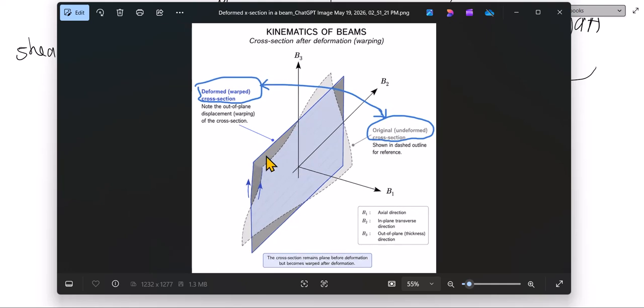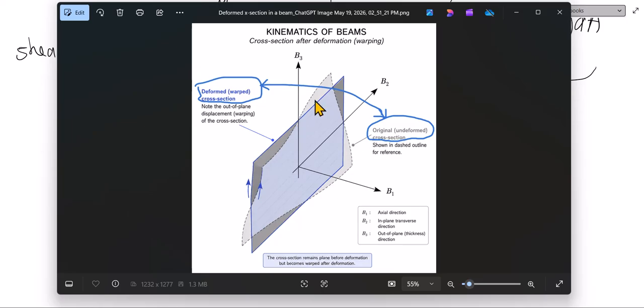So what we are saying here is that deform and undeform should be exchanged here. The gray rectangle is the cross section, and the dashed line shows a sketch. This is not exact, this is just a sketch to show the deformed cross section.